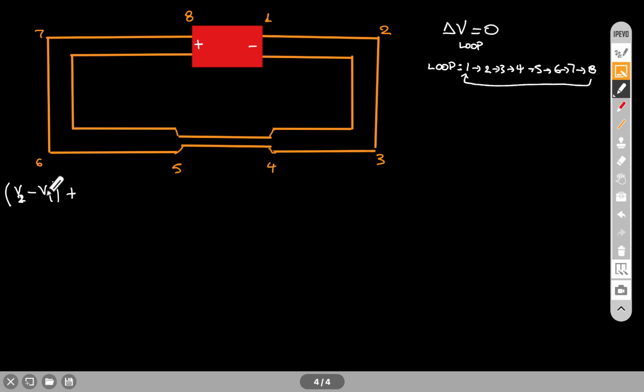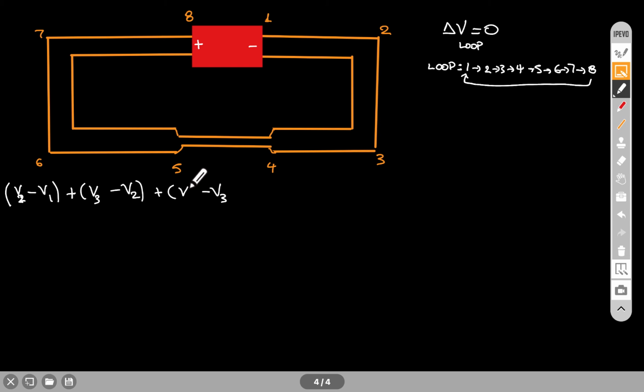Plus, so this term is the delta V across this part. Now I'm going to go from 2 to 3: V final minus V initial. And as you may have been able to guess, I'm going to be doing that for a long time.